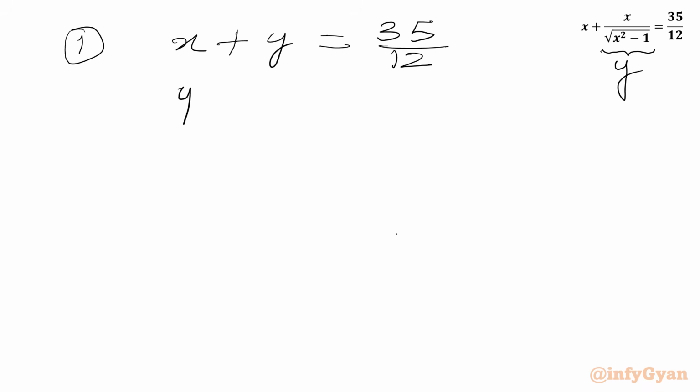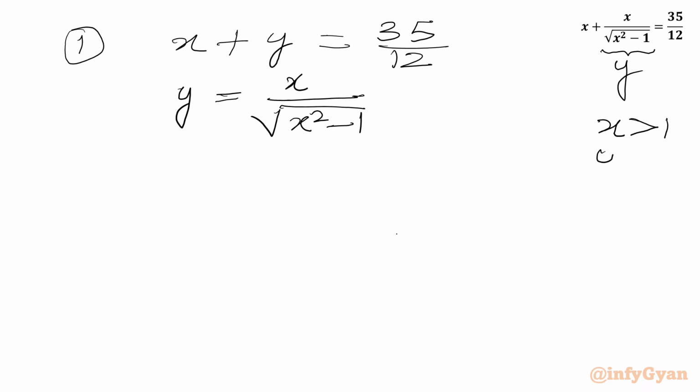Now our substitution is y equal to x over the square root of x square minus 1. Now x is positive, or x is greater than 1 here, so the right hand side is positive. We will say y should be greater than 0.